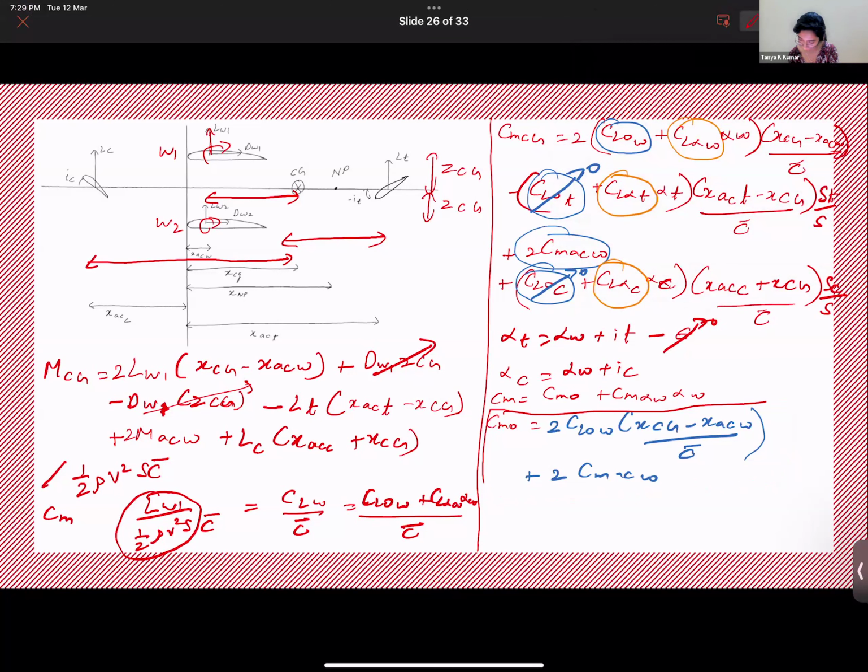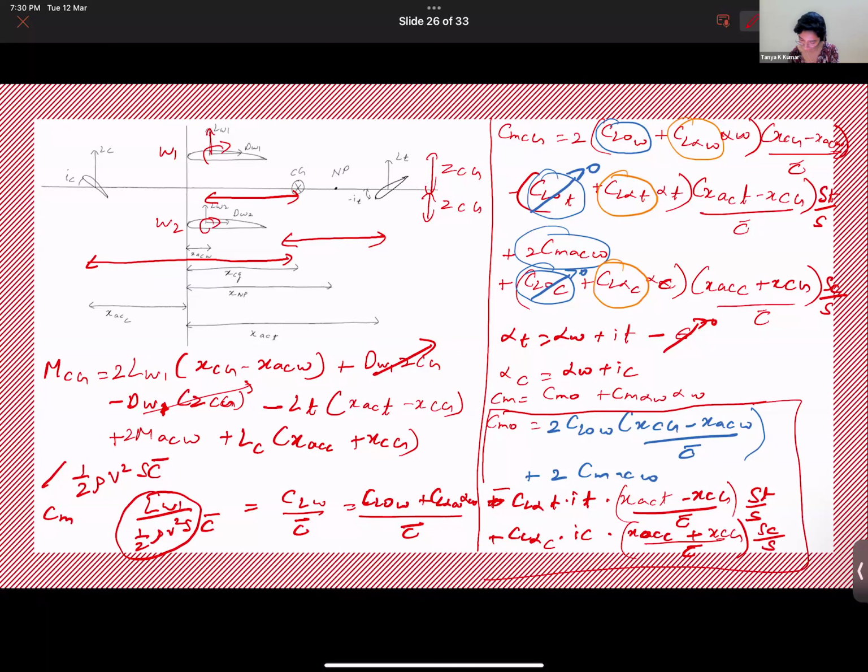So let me write it down, see if it makes sense. Plus Cl alpha tail into i tail into X AC tail minus XCG by C bar into ST upon S, plus Cl alpha canard i C into XACC plus XCG by C bar into SC upon S. Yes, this is the complete Cm naught.